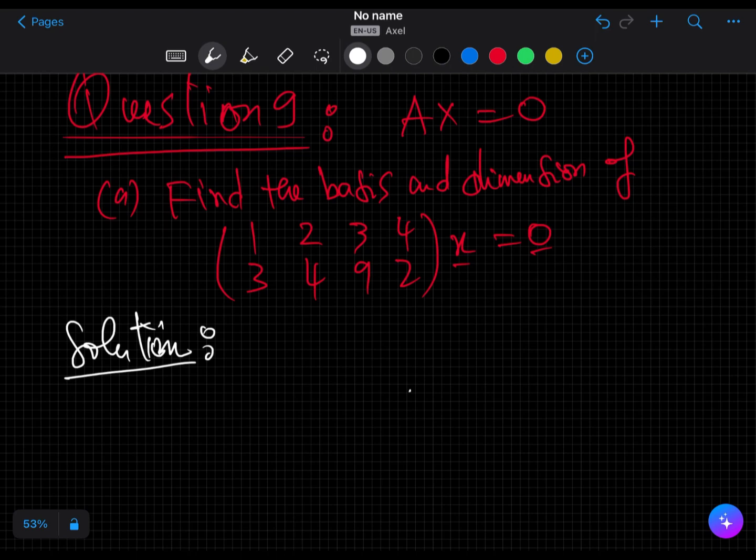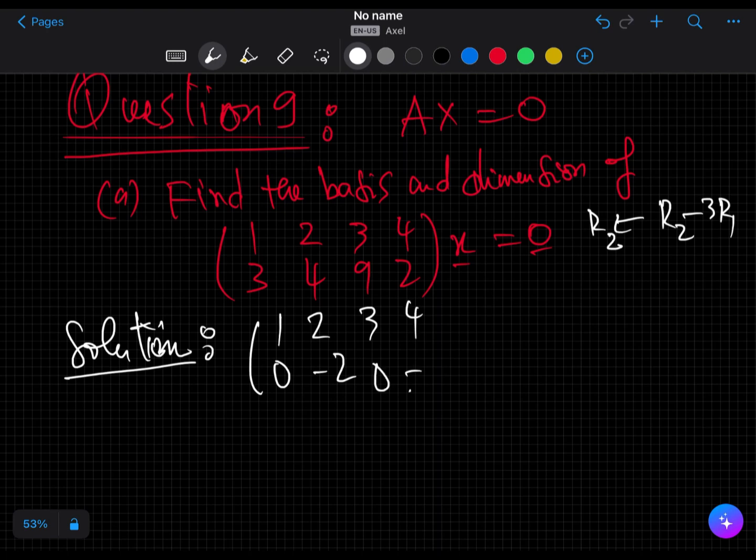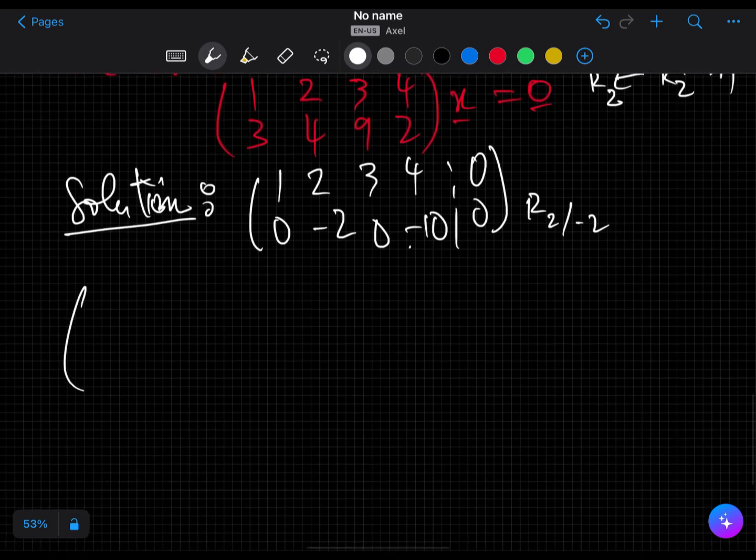The first thing to do here is to apply what we all know, the Gauss reduction. Which operation will we apply here? We can apply R2 equals R2 minus 3R1. Then I can see that I can divide this row by minus 2, and I have 1, 2, 3, 4, 0, 1, 0, 5.